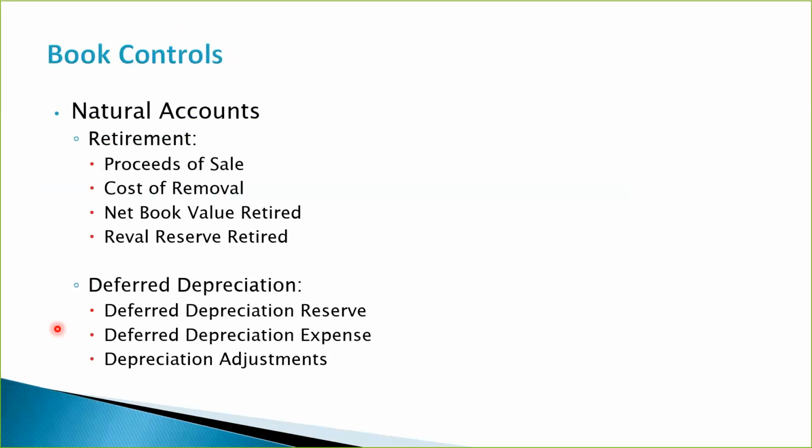Maybe it requires some special expertise and you pay a company to come and remove that asset. So you have cost of removal. And we also talked about the concept of gain and loss, which can accrue from any of those two process and also from book value loss, okay?